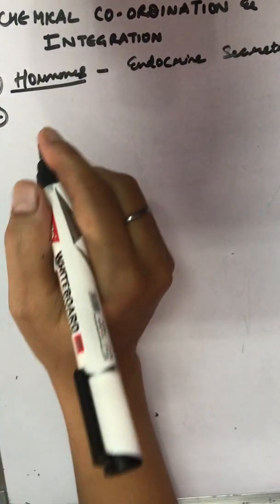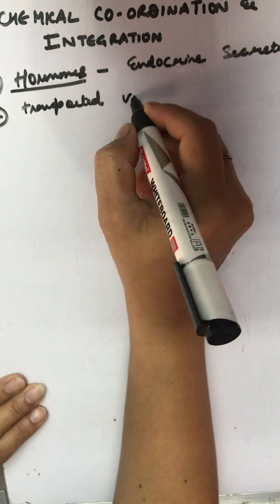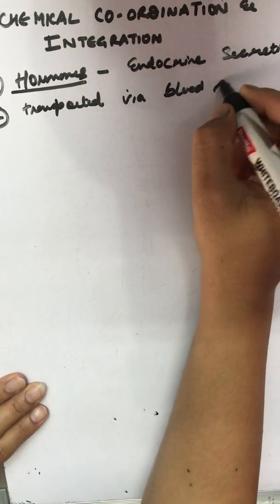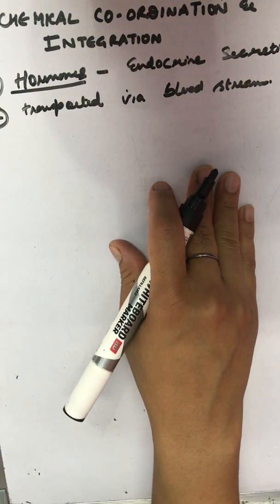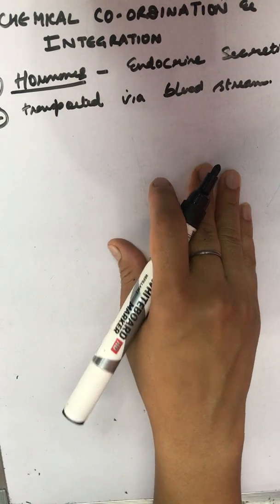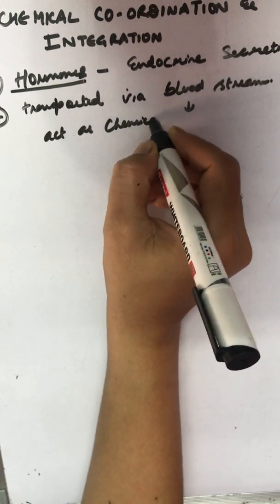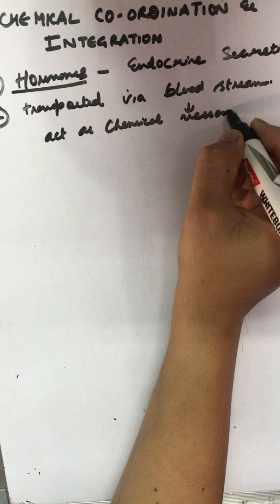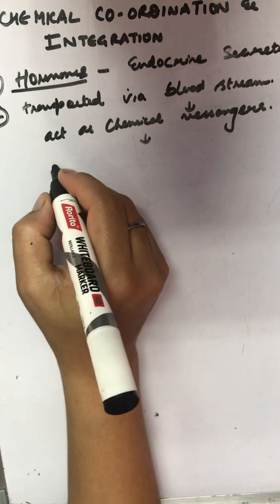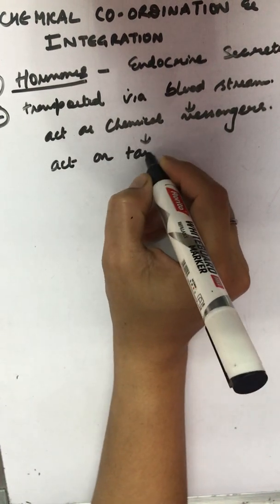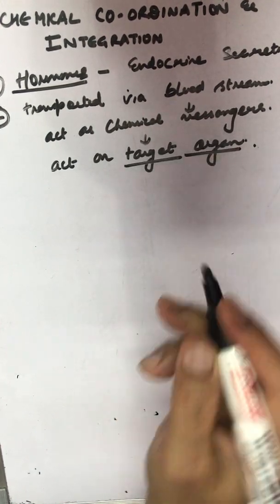Number 2, these are transported via bloodstream. We have just discussed that it is absorbed in the immediate blood and is transported further. They act as chemical messengers. Then they move further and act on the target organ. So they are very specific in their function.